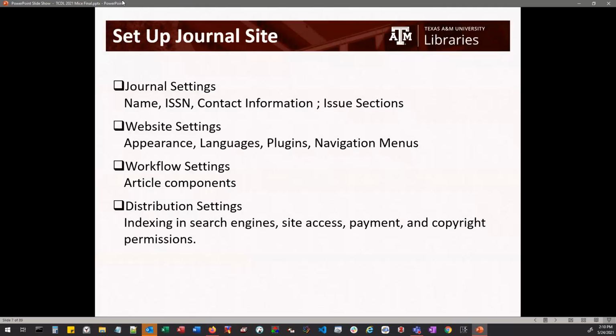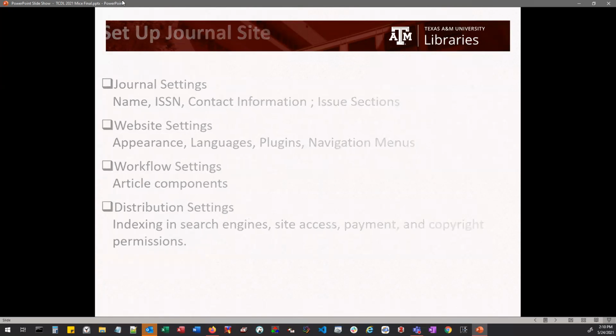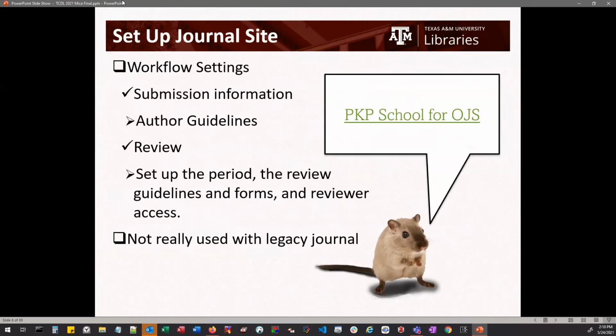Okay, so I'm going to talk you through the journal settings for the site. So first off, we're going to talk about the journal settings. You can configure the journal, the website, the workflow, and the distribution settings. And, oh, can you go back?